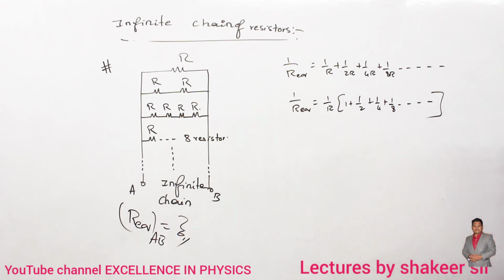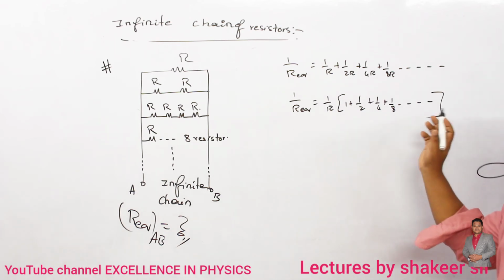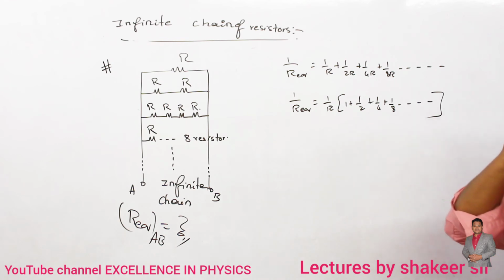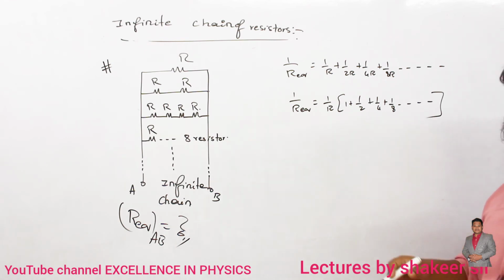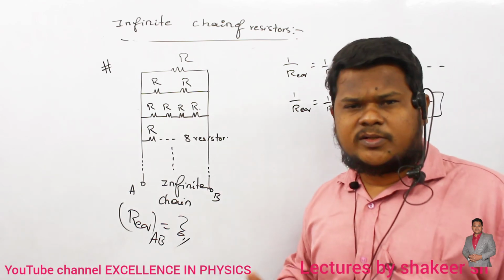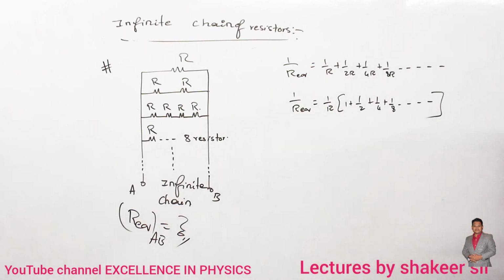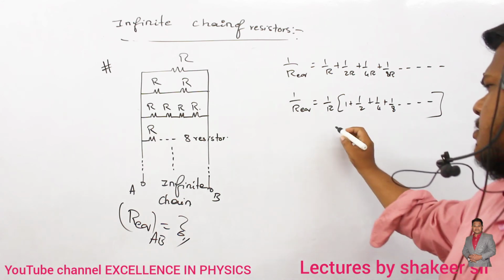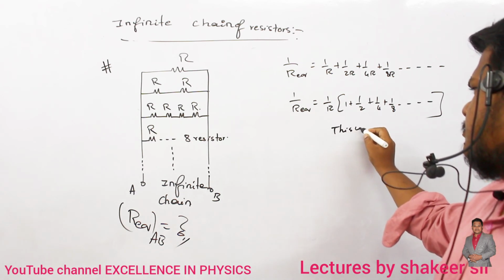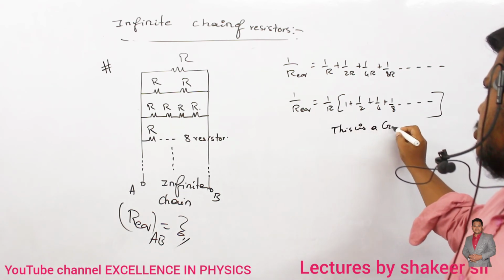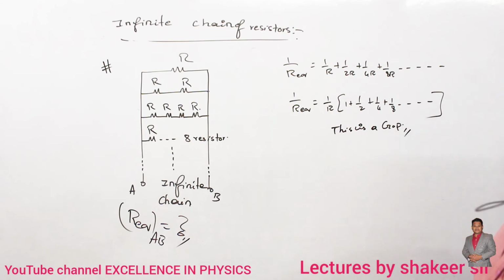Clear? So this is what kind of progression? Is it arithmetic progression or geometric progression? Okay. Yes, this is a geometric progression. Clear?